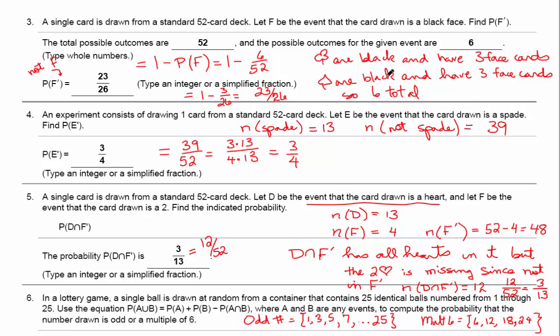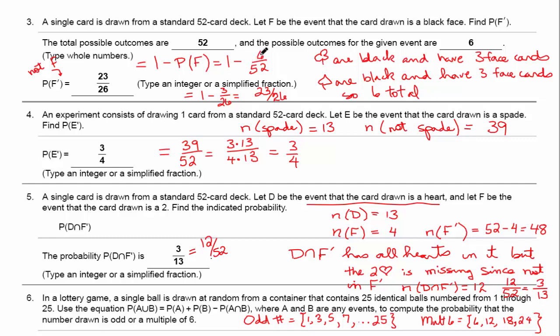If that was what we needed, that would be the end of the story. But notice they want us to find the probability of F complement, the black face card complement, so everything outside of it. It's fairly easy to find because all we have to do is take 1 minus the probability of F occurring.